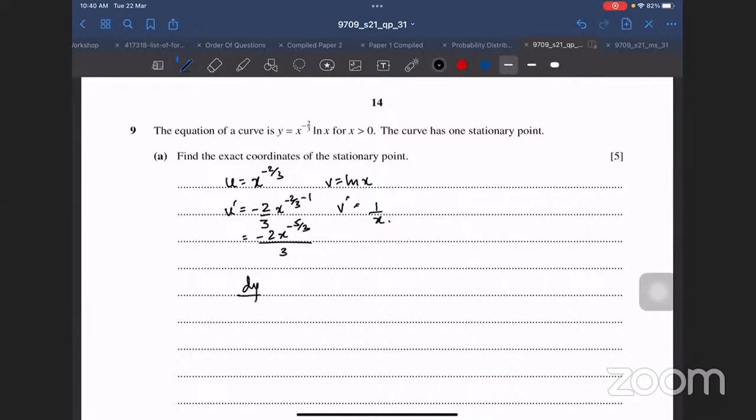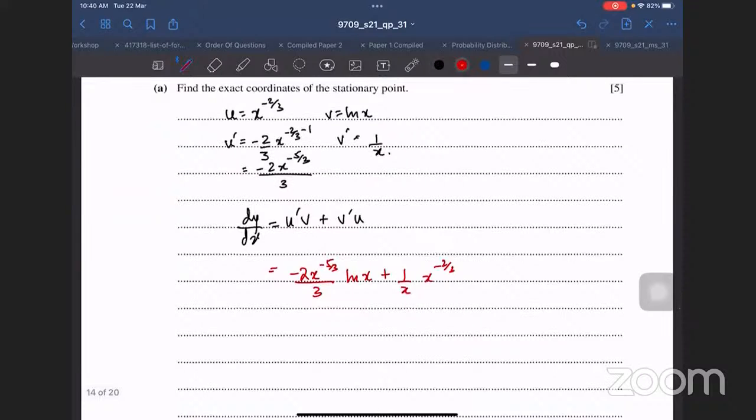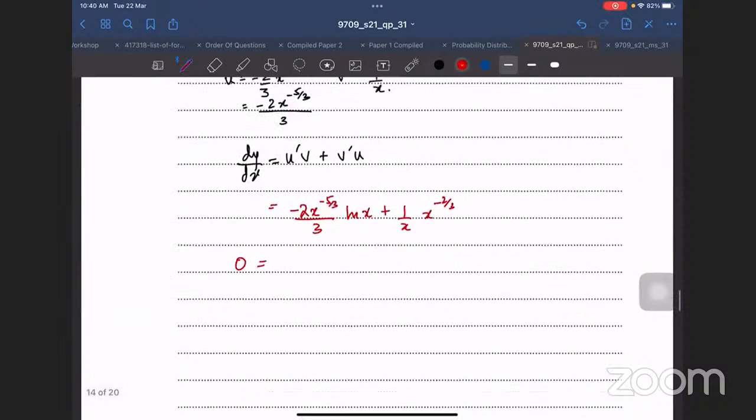dy by dx is u dash v plus u v dash. So yeah, and this I need to place equal to 0.